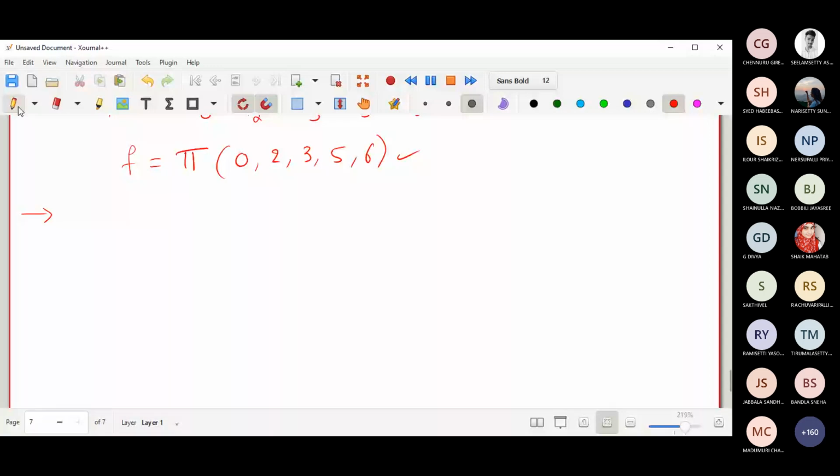If any simplification in canonical form, then we can go for standard form.